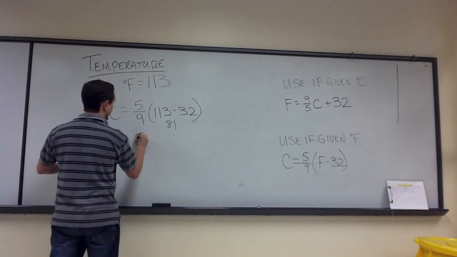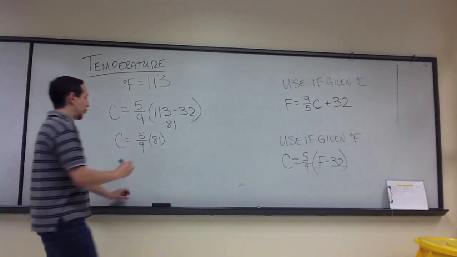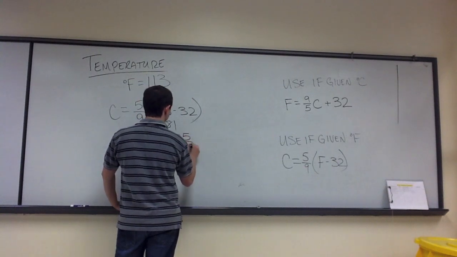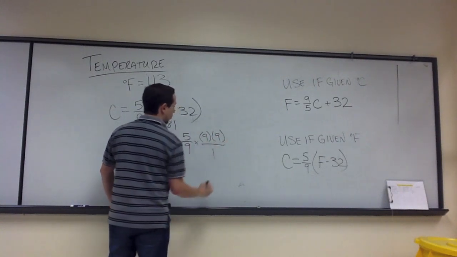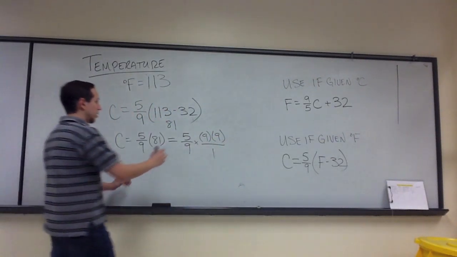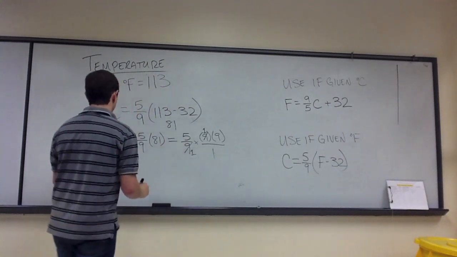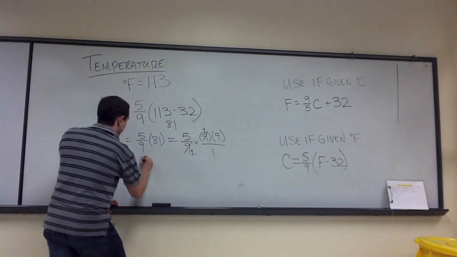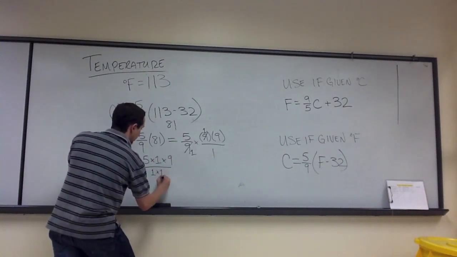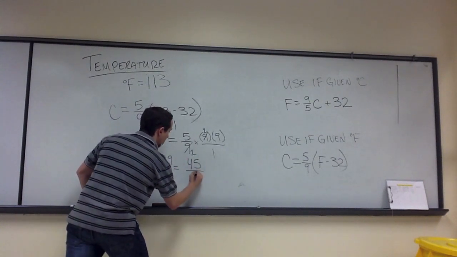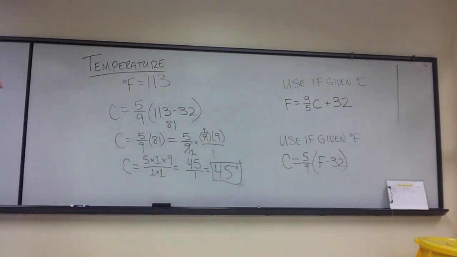C equals 5/9 times 81. 81 can be rewritten, so this will equal 5/9 times 9 times 9 over 1. 9 divided by 9 is 1, which then gives me C equals 5 times 1 times 9 over 1 times 1, which gives me 45 over 1, which gives me 45 degrees. So 45 degrees Celsius.